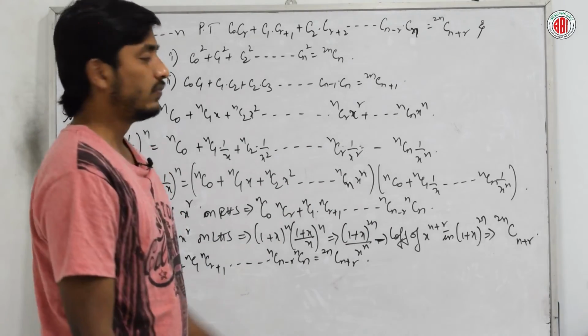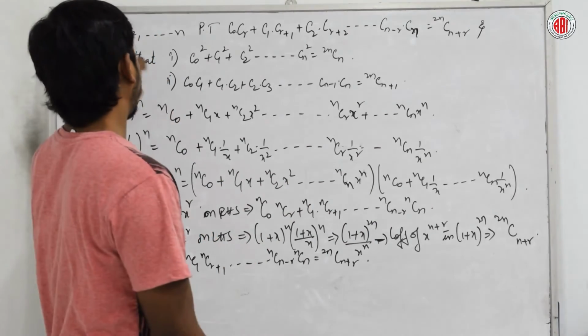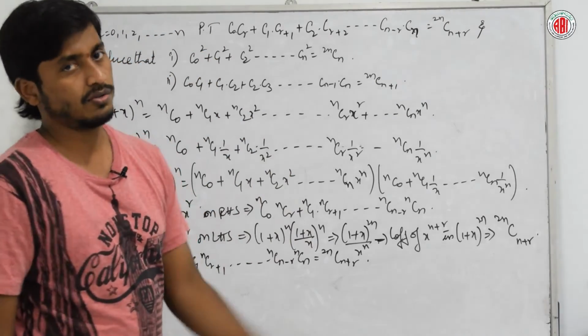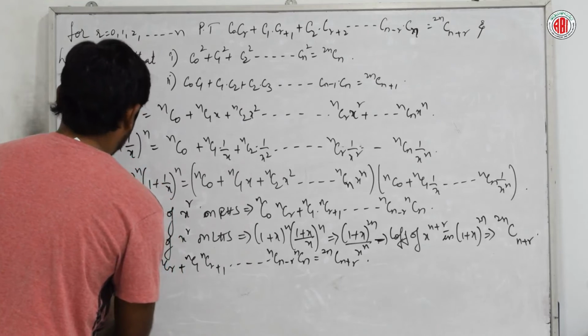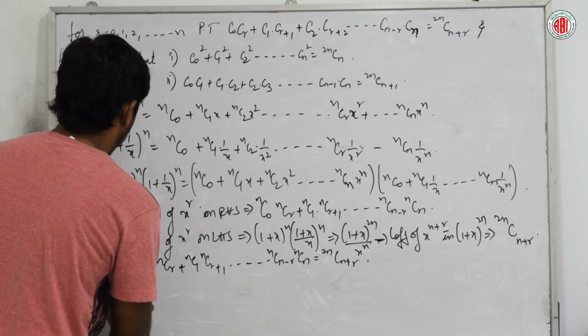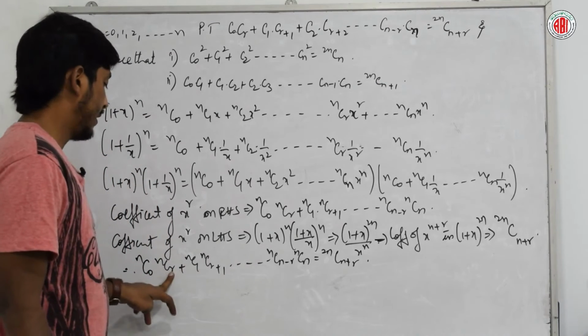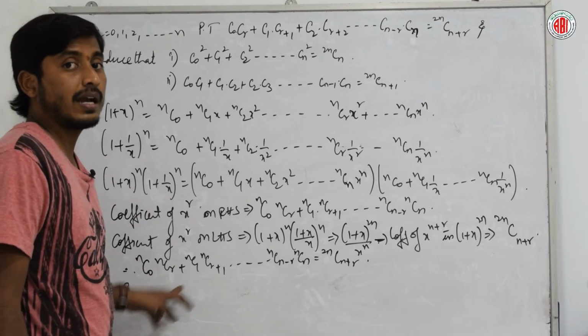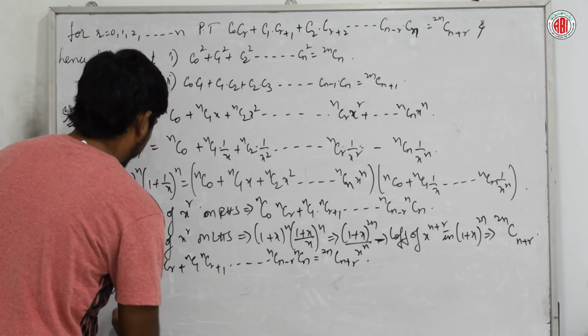Clear? Now since he gave the values of r as 0, 1, 2, 3 and so on up to n, let us substitute r equal to 0. For the first thing, put r is equal to 0. What do we get? Here it is nc0. nc0 is nothing but c0 square.